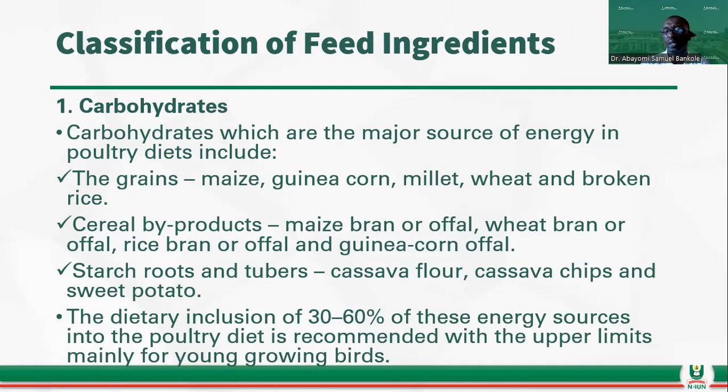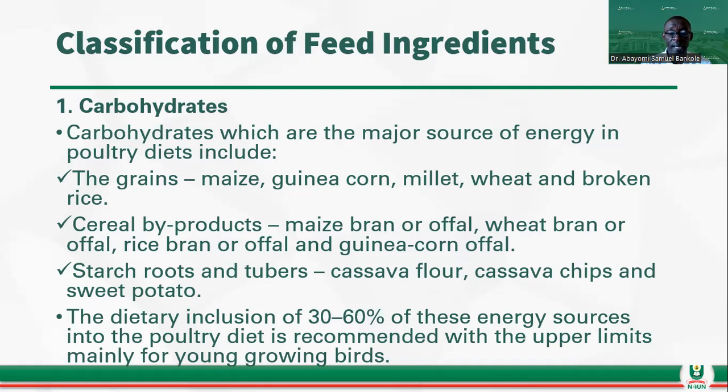Examples of grains are maize, guinea corn, millet, wheat, and broken rice. You know all of this, I want to believe. Examples of cereal byproducts are maize bran or offal, wheat bran or offal, rice bran or offal, and guinea corn offal. Starch roots and tubers examples include cassava flour, cassava chips, and sweet potato.